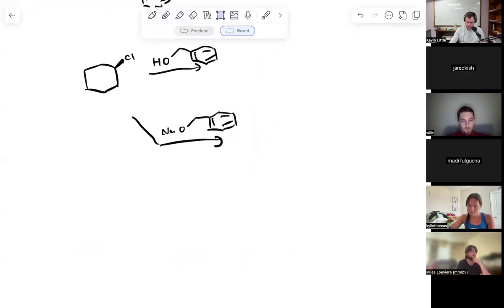Okay. The alkyl halide is primary, but there's not a charge. This alkyl halide is secondary. The alcohol has no charge. Yes? Yeah. So what does that tell me?